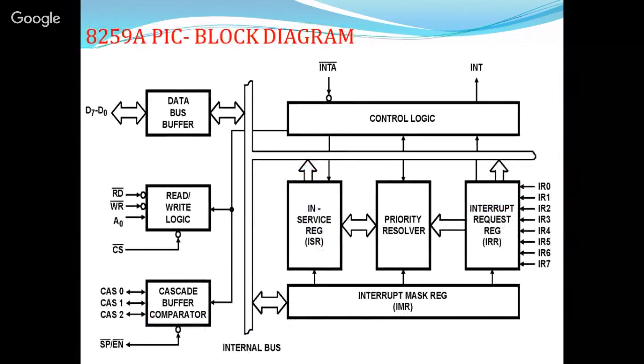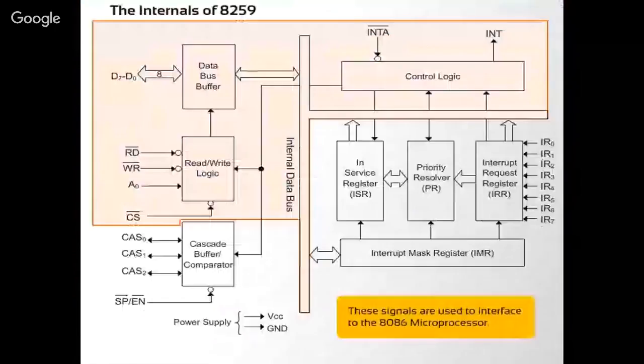Now the most important part, the architecture of 8259. These signals are used to interface to the 8086 microprocessor. The INT output is connected with the INTR input of 8085 or 8086, and the INTA bar is the acknowledge of the INTR input.